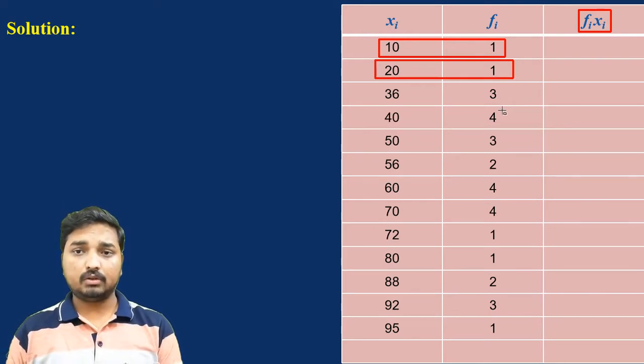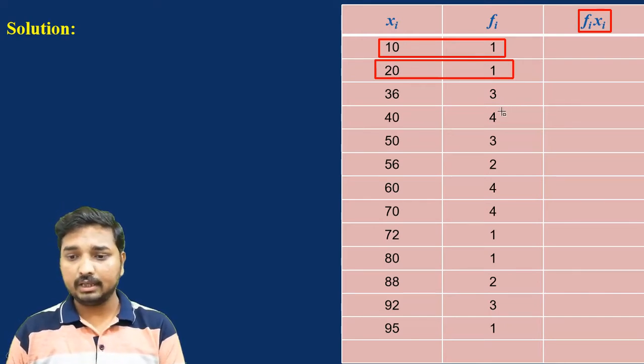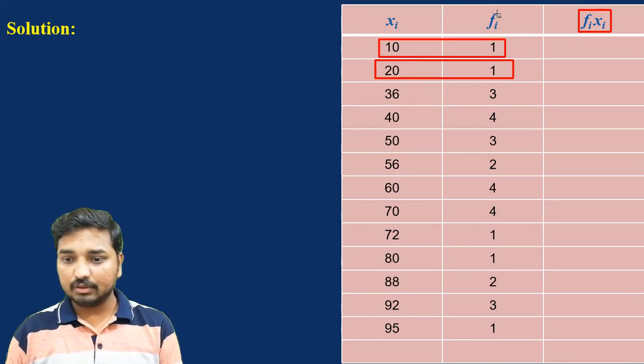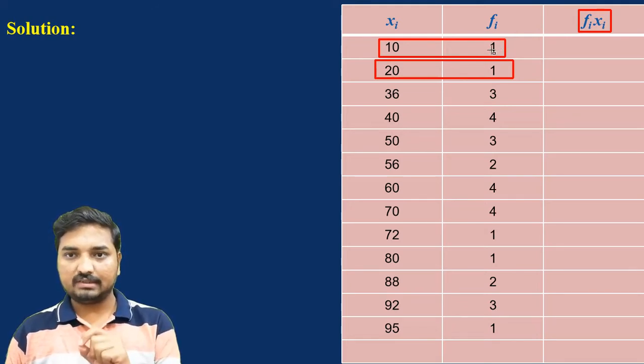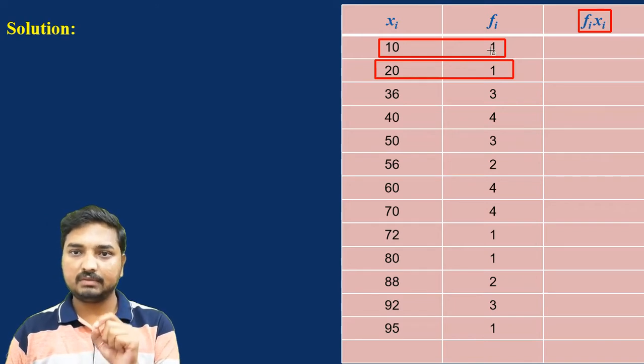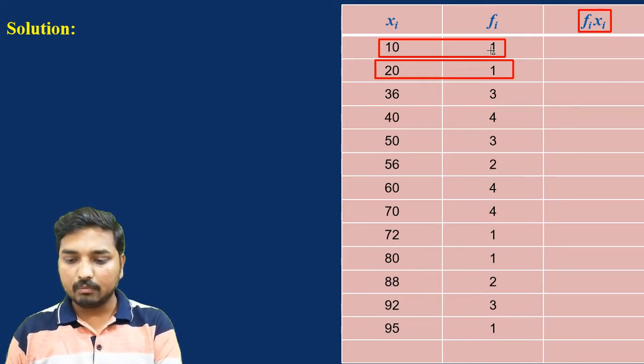So before that you have to do one important thing. Now look here, this is the frequency. You need to take the sum of all these frequencies, means the sum of the second column. You need to note down this one. So first let us note down the sum of this column.